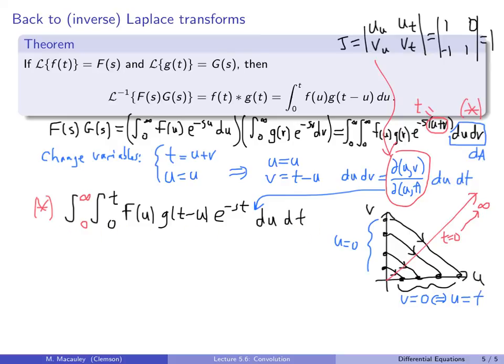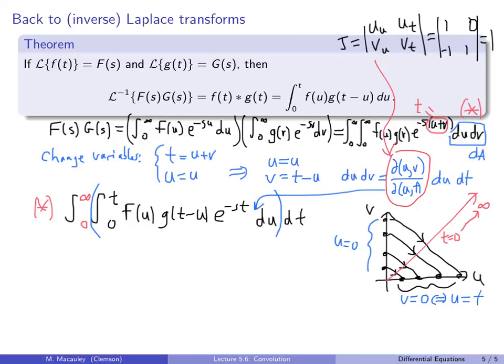I guess it looks a little closer to this formula, and we see an exponential here. But notice that this exponential does not have a u in it. So I can pull that thing outside of that first integral.